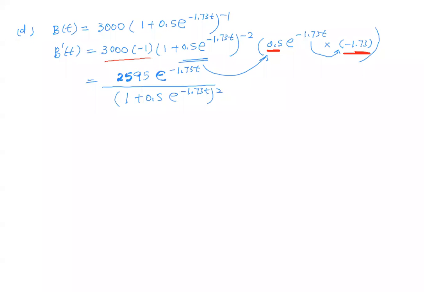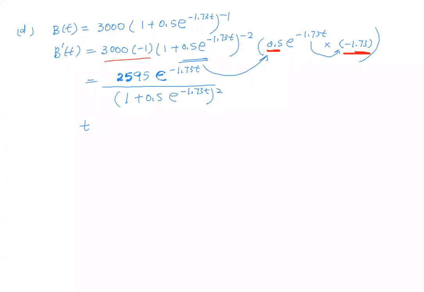Okay, now use it to explain why the population is increasing over time. So how should I do this? This one is a bit different. Okay, Xingren. T is greater than or equal to 0.